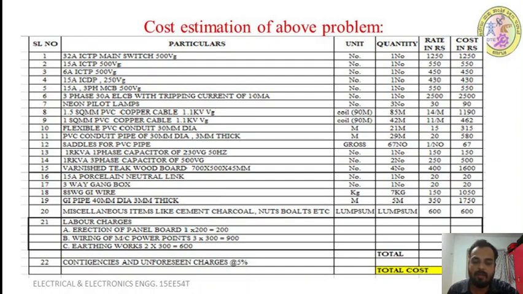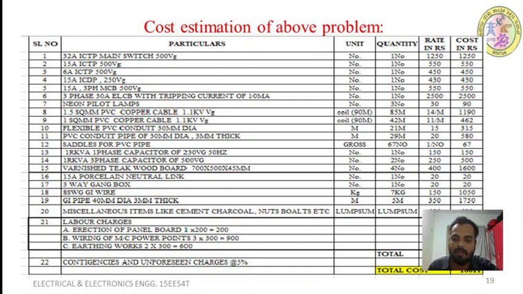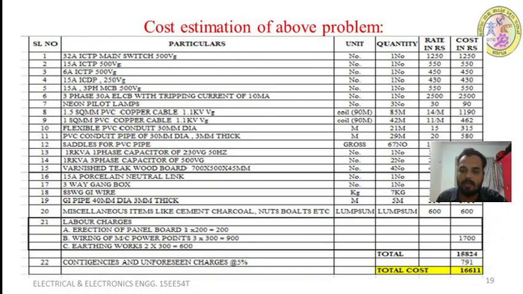Earthing works: there are 2 earthing points, and for each earthing point we have taken 300 rupees, so 2 into 300 is 600. Then the total labor charges is 900 plus 600, 1500, plus 200, so that is 1700. You can see here 1700.